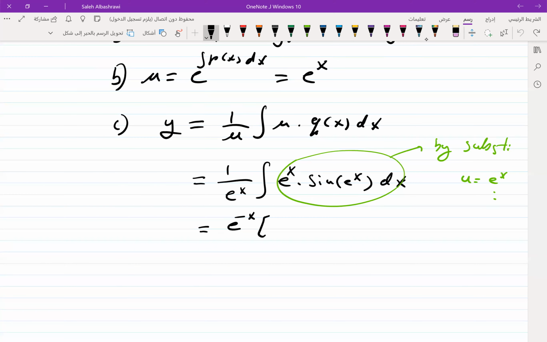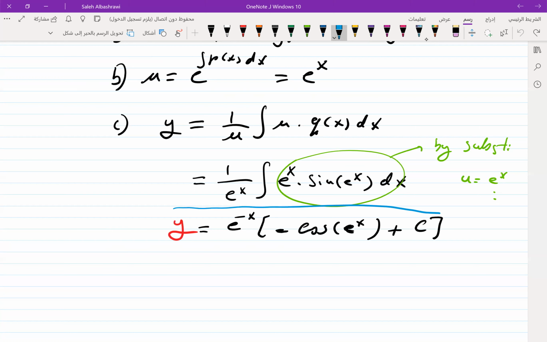And the integration of this one will be minus cosine e to power x plus constant c. And this will be the solution of the differential equation. It is y equal e to power minus x multiplied by minus cosine e to power x plus the constant c.